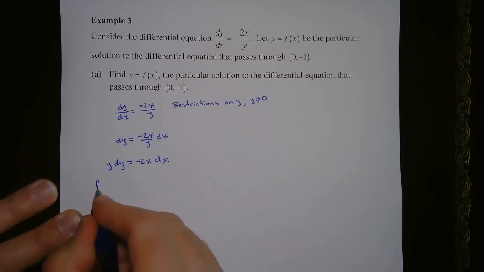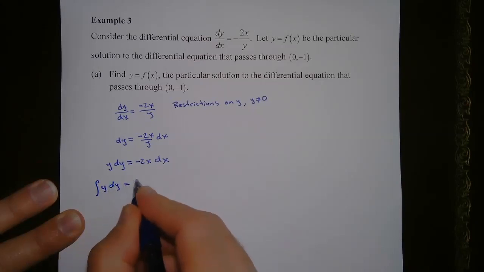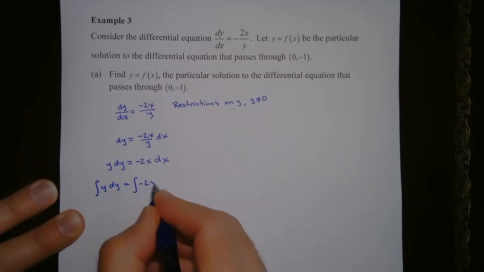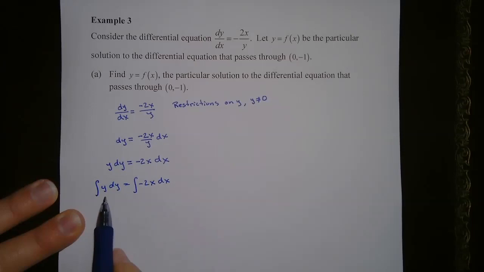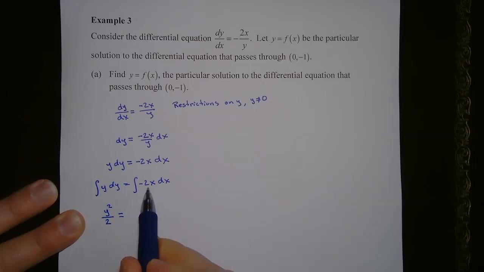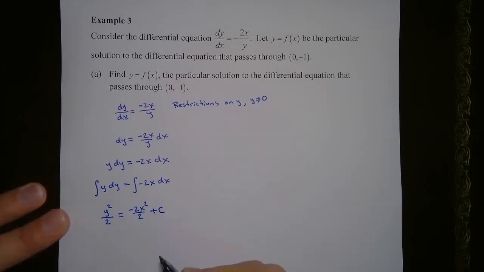So we're going to integrate both sides. So the integral of y dy is equal to the integral of negative 2x dx. All right. And now when I integrate this, this is going to be y squared over 2 is equal to negative 2x squared over 2 plus some constant c. All right.